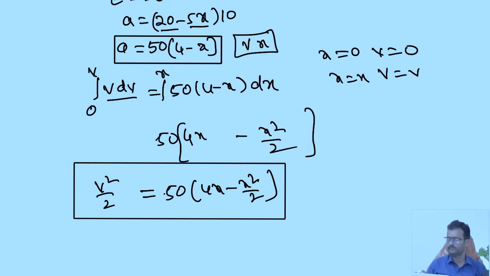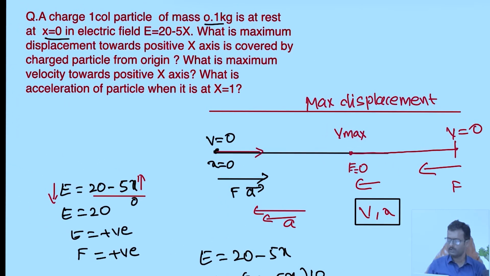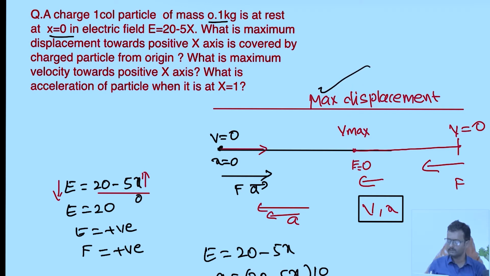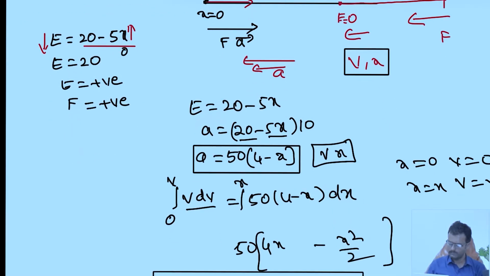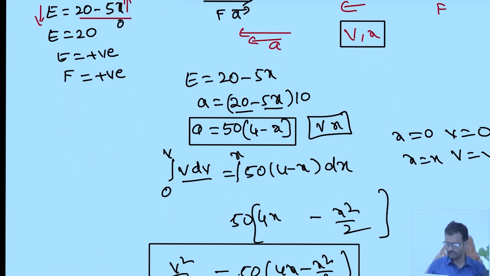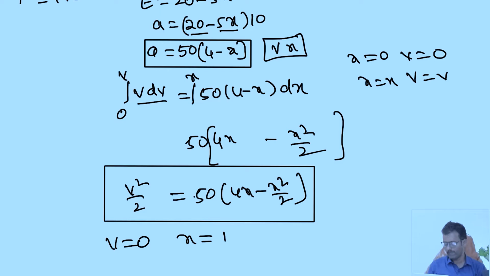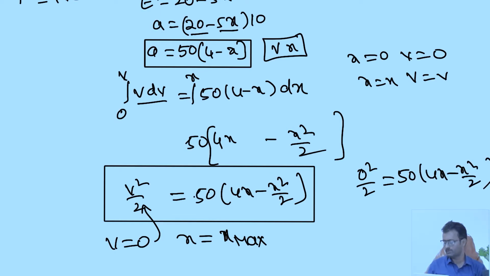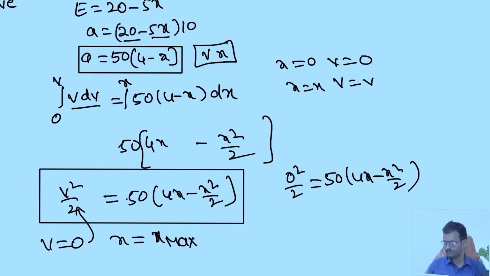So see here, what is the problem here? We want to find the maximum displacement. At the maximum displacement, velocity is 0. So substitute velocity as 0, then x becomes the maximum displacement. So substitute V equal to 0 in this: 0 square by 2 equals 50 into 4x minus x square by 2. So this is 0.